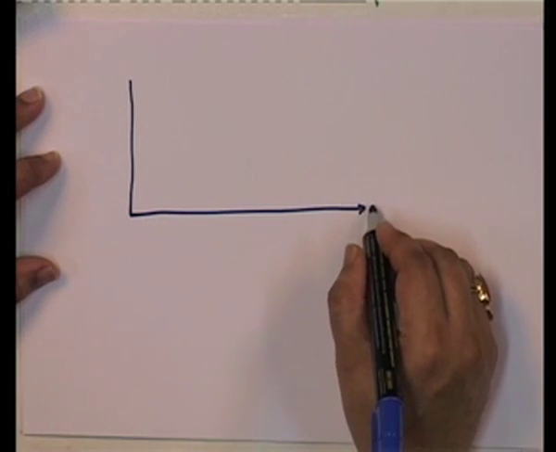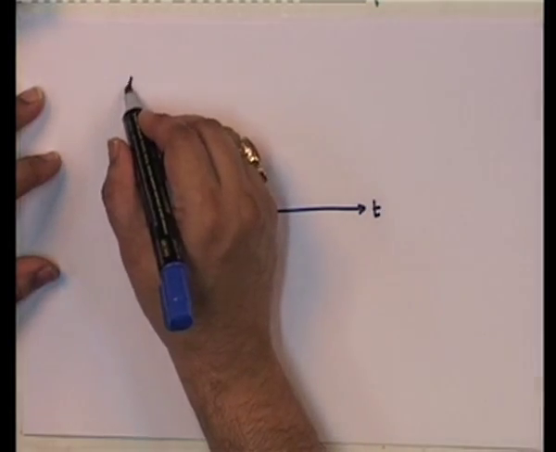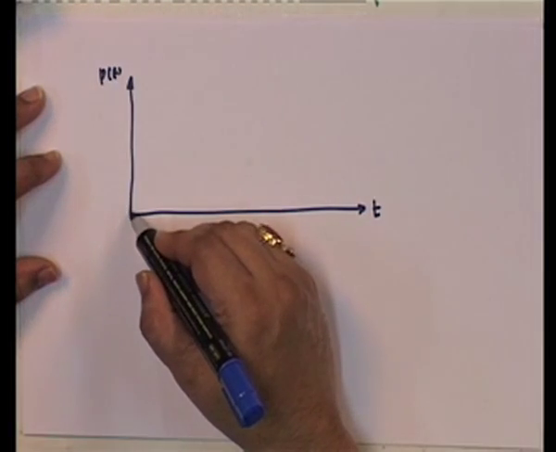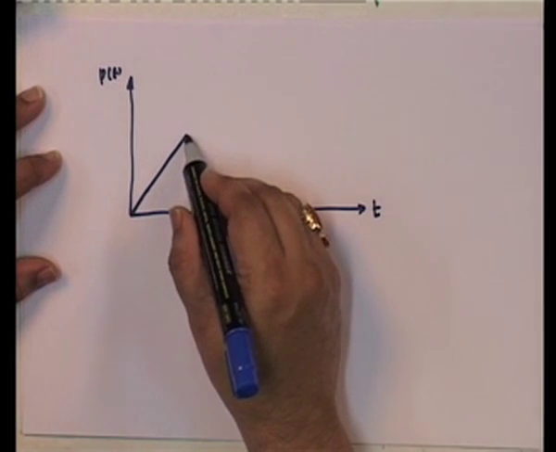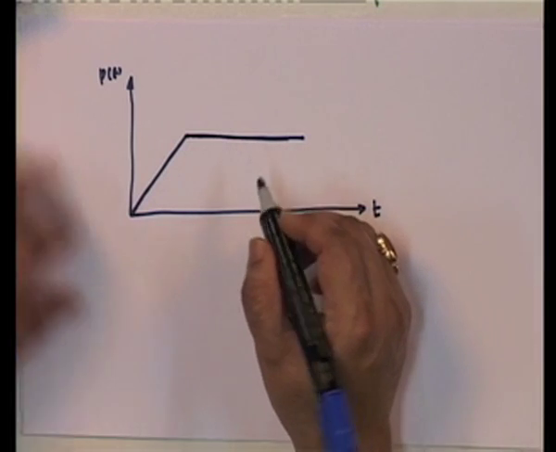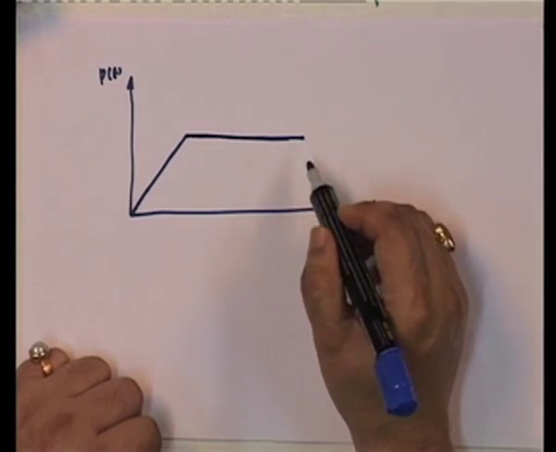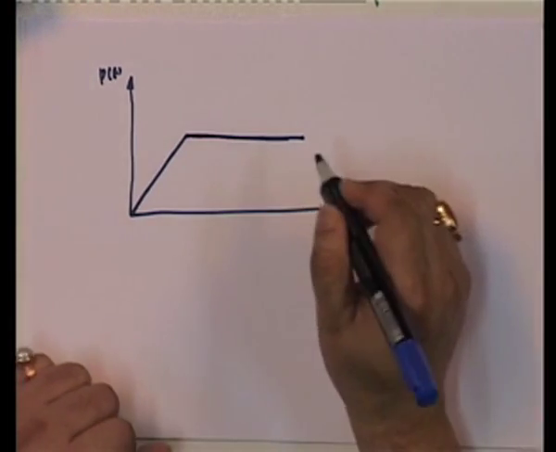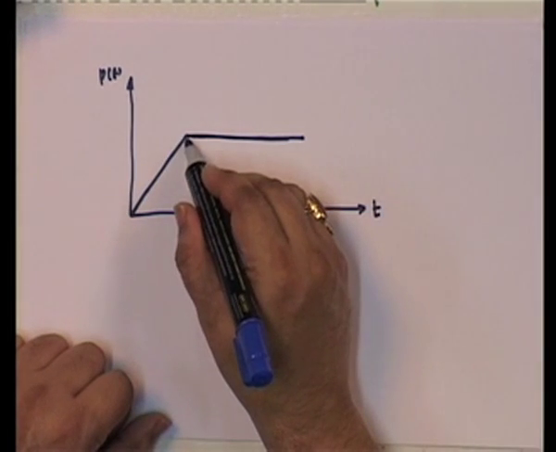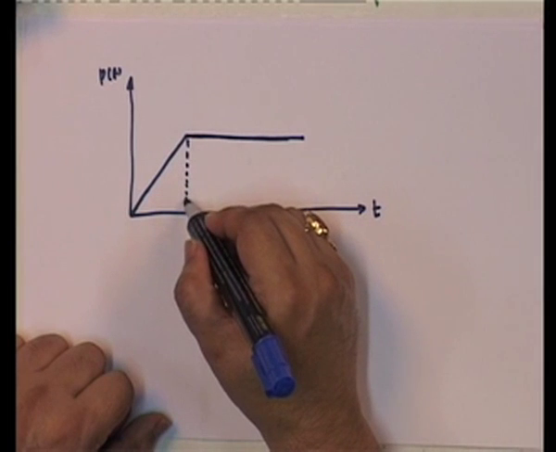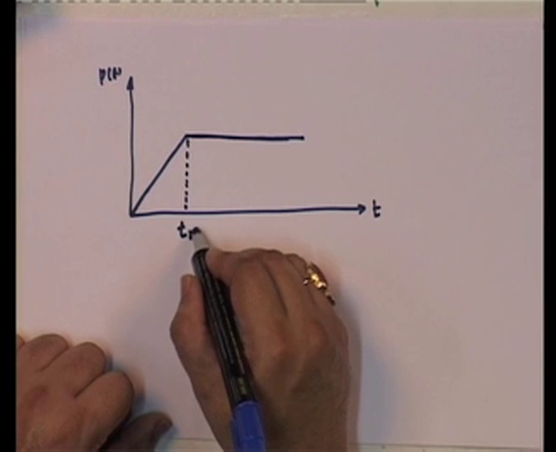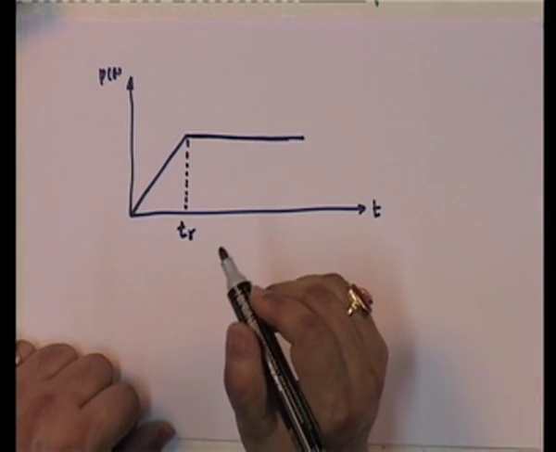This is t, this is P of t, and it continues like this. Now, does it continue like this? Well, actually it does not, but it does not matter now. Let us assume that it continues. And this I will call T r.